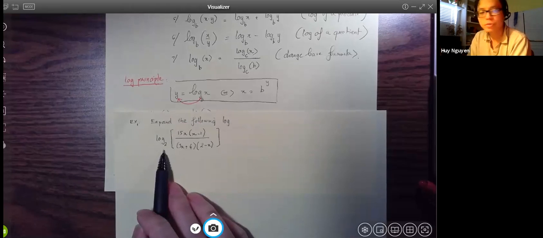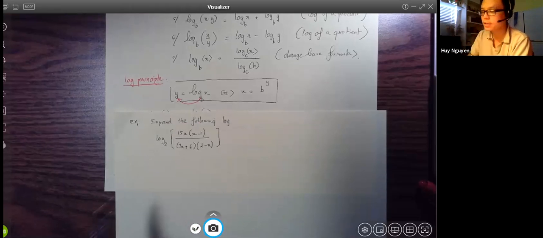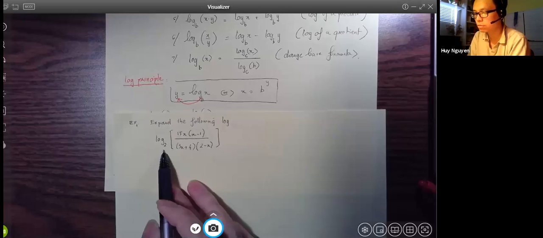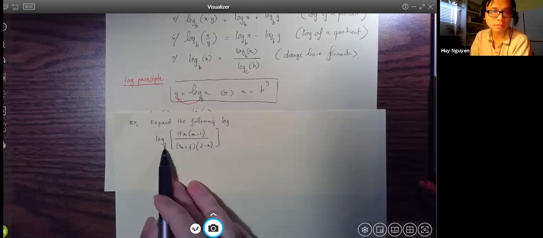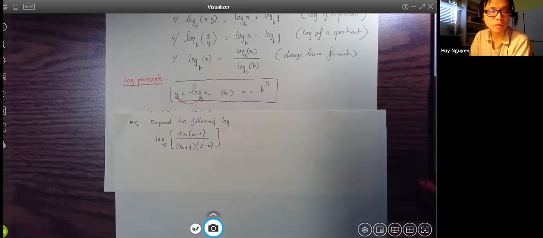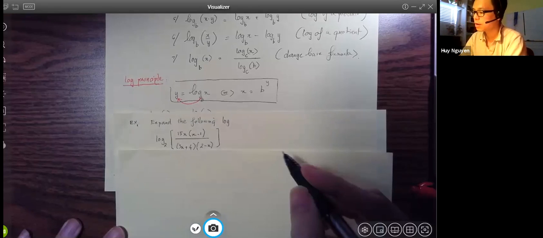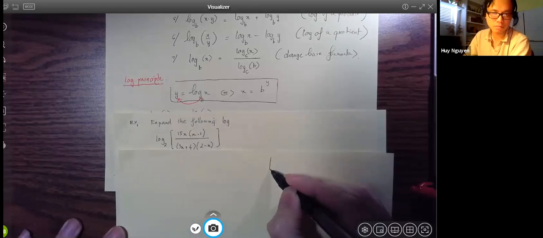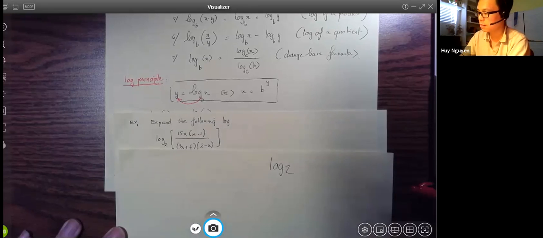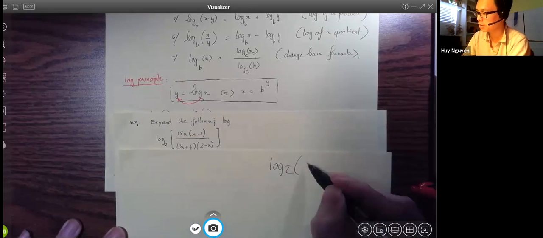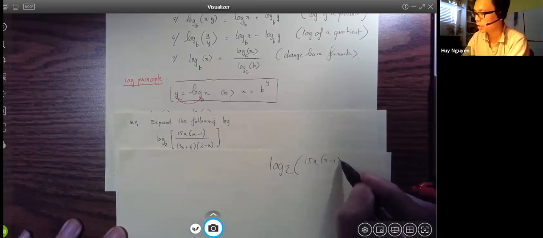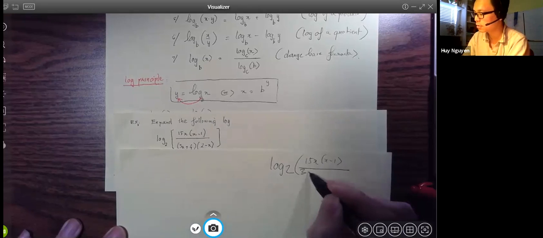Because it's a subscript, when I'm writing the base, I make it really low compared to the log. Some of you write like this, not careful. Some of you write log base 2. You see that? 15x minus 1 over 3x plus 4, 2 minus.